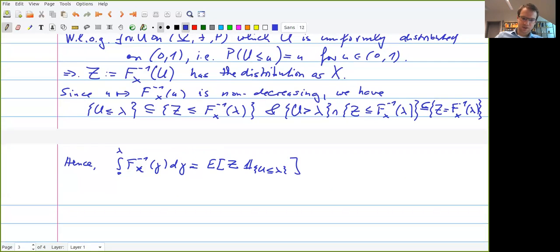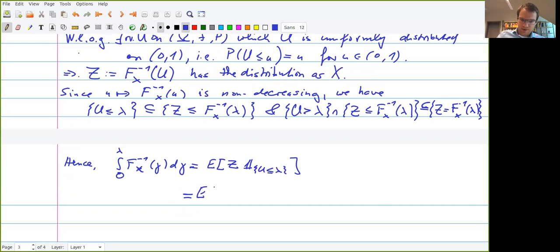I mean, this is an integral, and lambda is between 0 and 1. So we now use our auxiliary random variable to rewrite it, as the expected value of Z. If you plug in U here, this is what you have. Right here you have the definition, and you integrate only up to lambda, so you multiply with the indicator function of U being less or equal than lambda. That's nice.